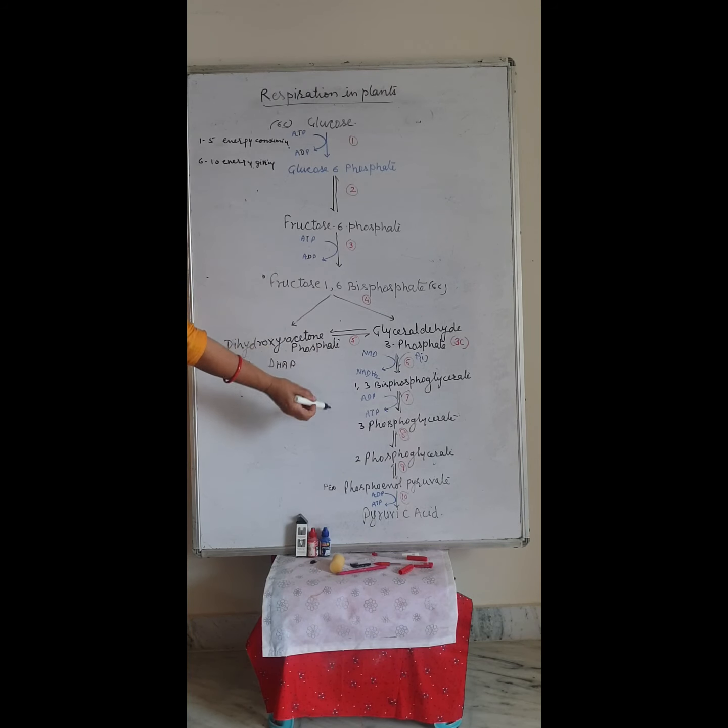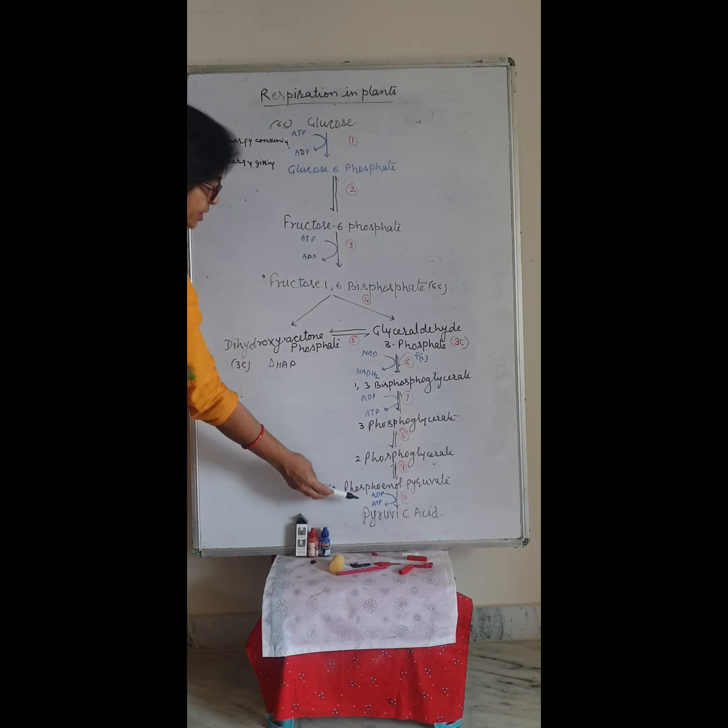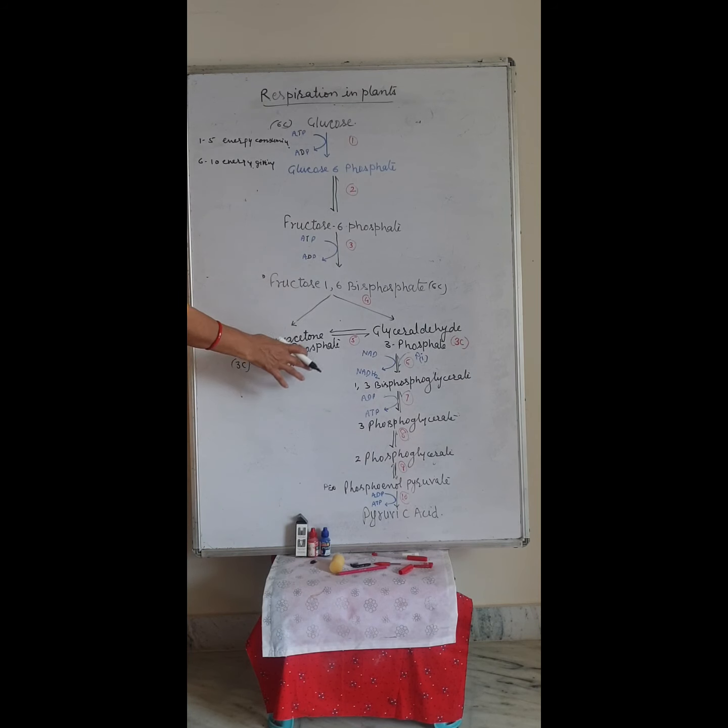In 6 to 10, 1 ATP is released here, 1 ATP is released here. So now we calculate the total amount of ATP, the fate of energy released during glycolysis, the total ATP in glycolysis.